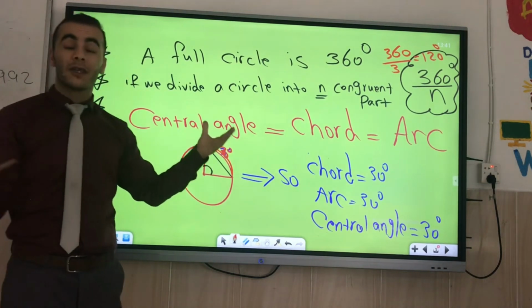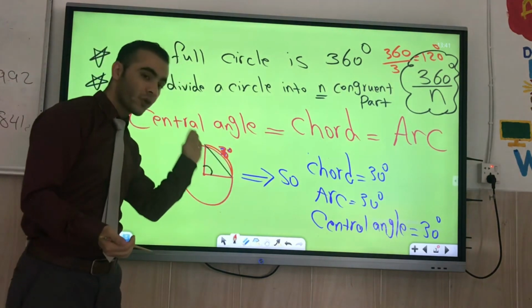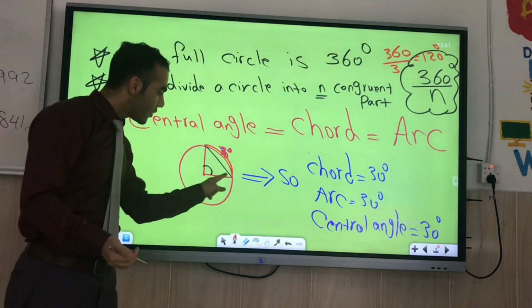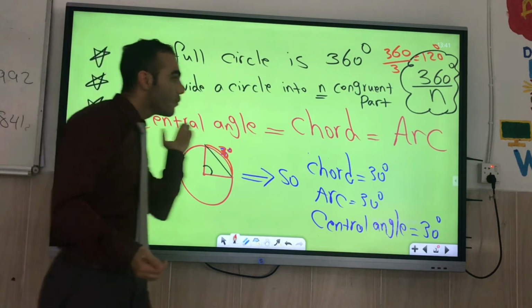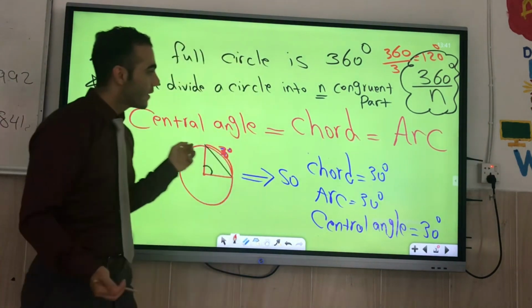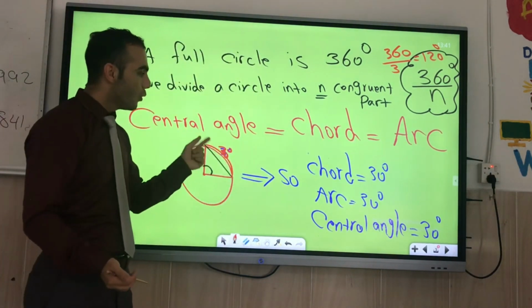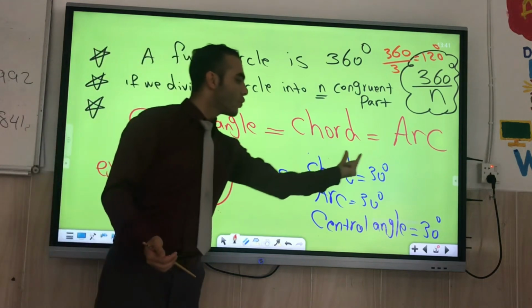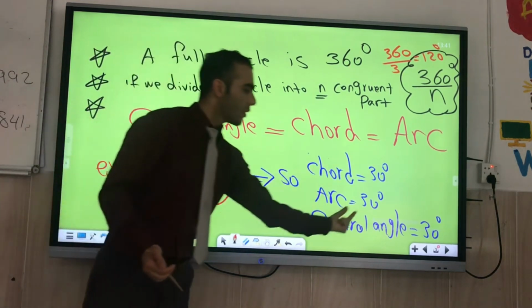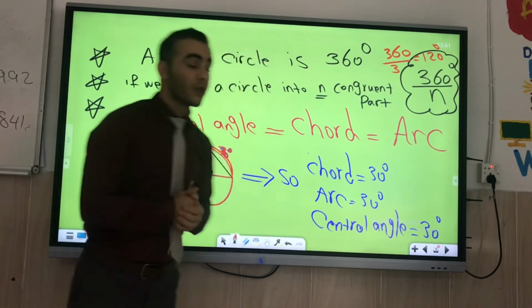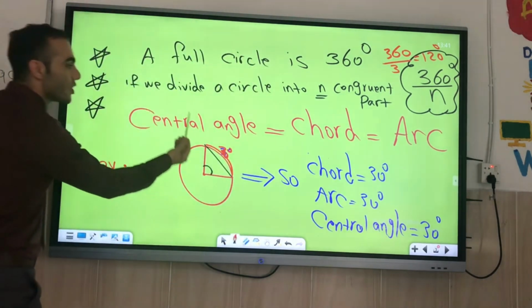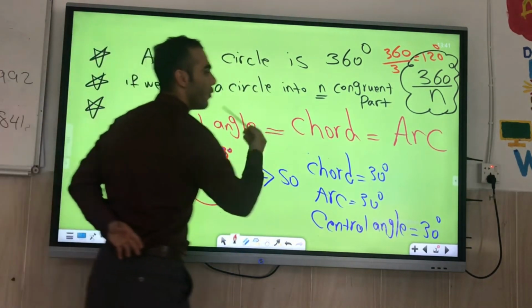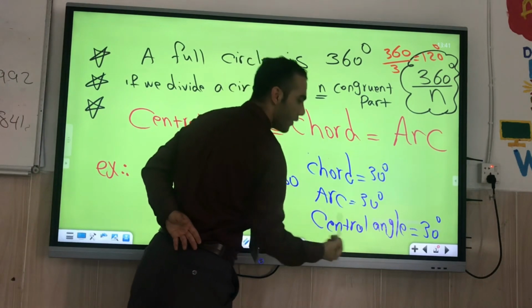It might ask for the chord across from it, or the central angle. Since we know that point, that's an important hint, the central angle is also 30 degrees. So remember guys, central angle is equal to chord and both of them are equal to arc.